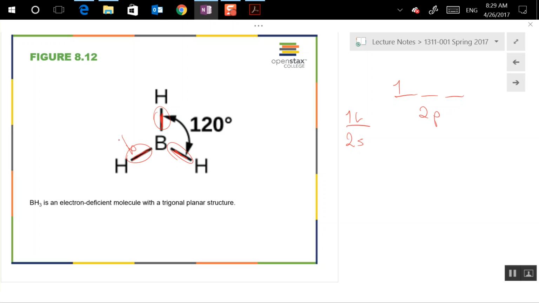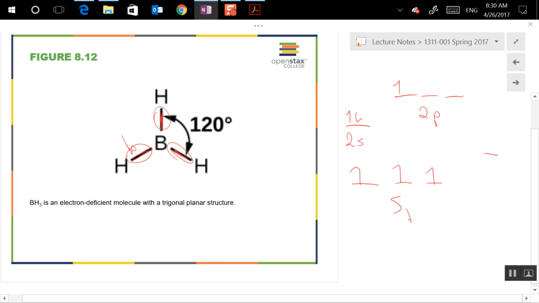So if it has 3 hybridized orbitals, that means I need to take the 2s and how many p's? Just 2 of them. And then I have 1 unhybridized p orbital, but I don't care about that because I don't even have anything in it. So I have 1, 2, 3. So what is the hybridization here?